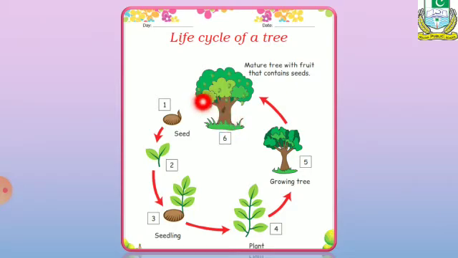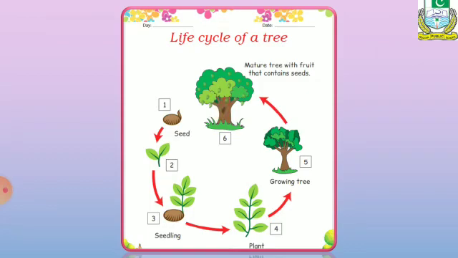So, dear students, we started with seed and then we followed these steps and then we came back to a mature tree with fruits that contain seeds. So with that we complete the life cycle of a tree.